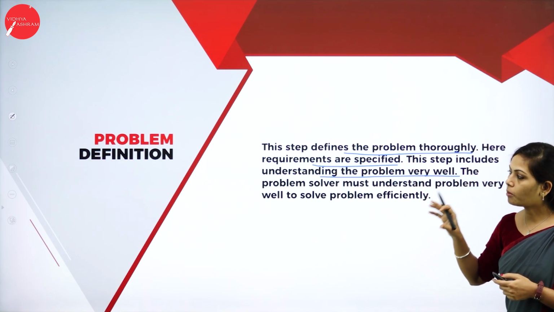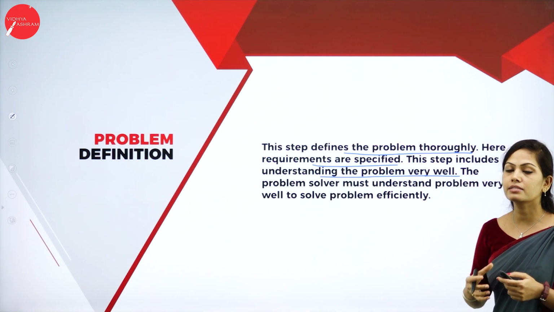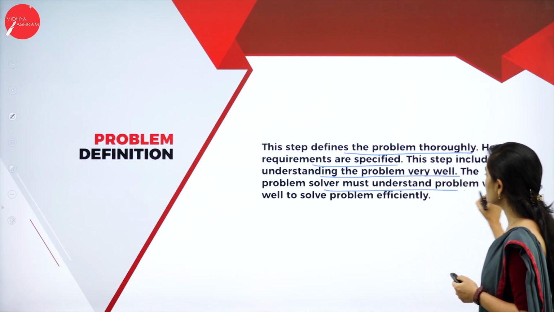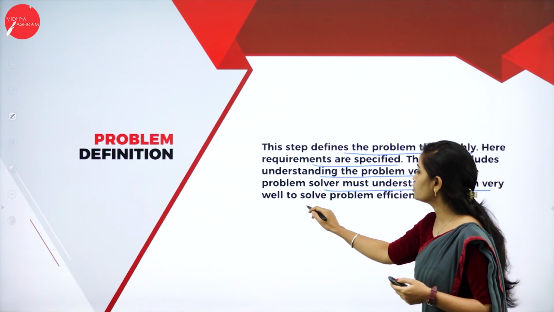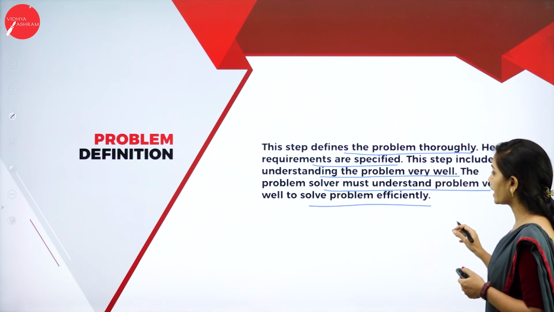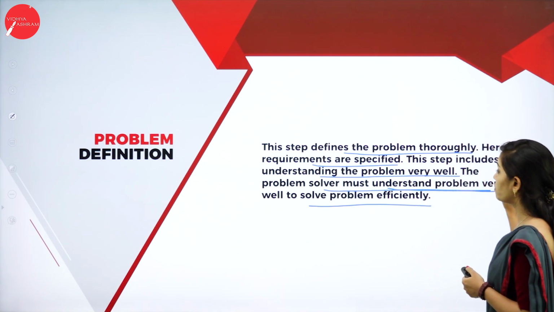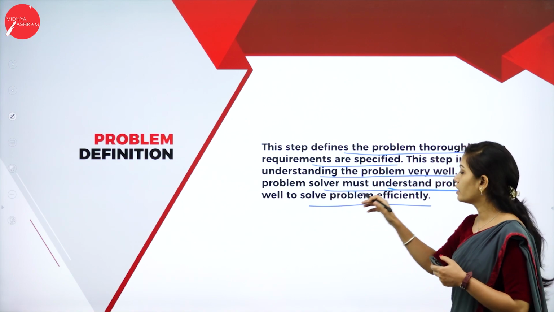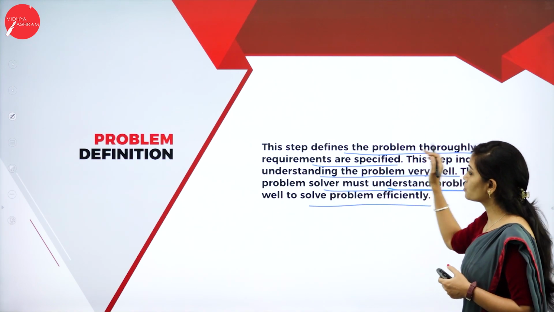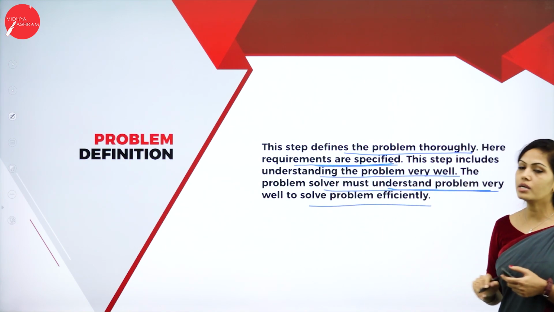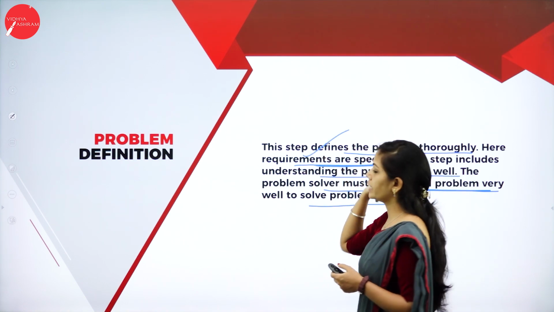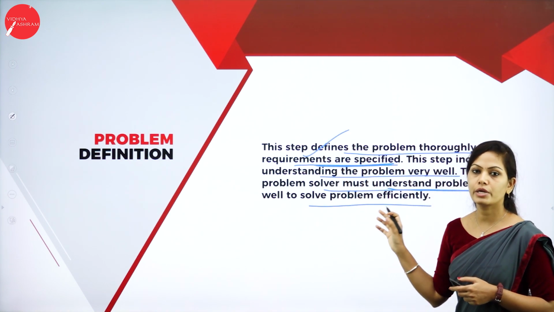So, the problem solver must understand the problem very well to solve it efficiently. In problem definition, the user has to study how the requirements are specified. Clear? So, first the user has to study and understand the requirements.